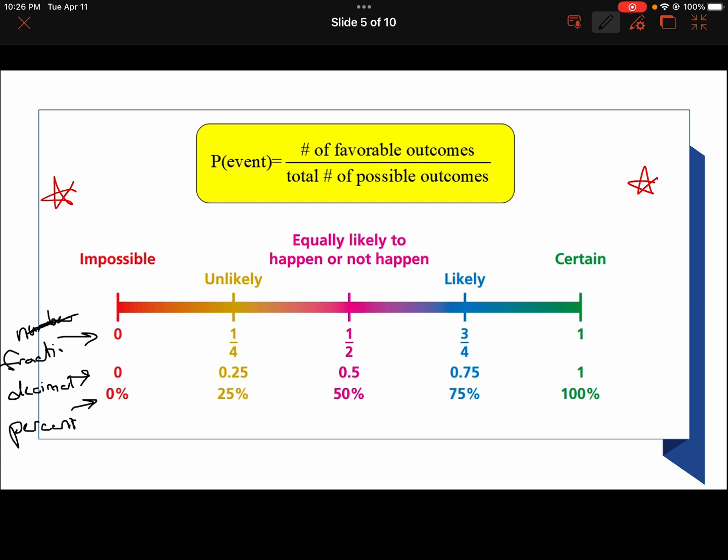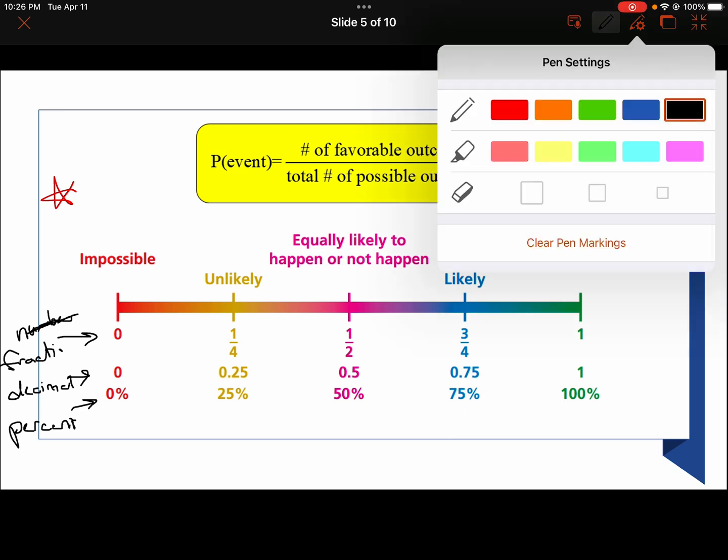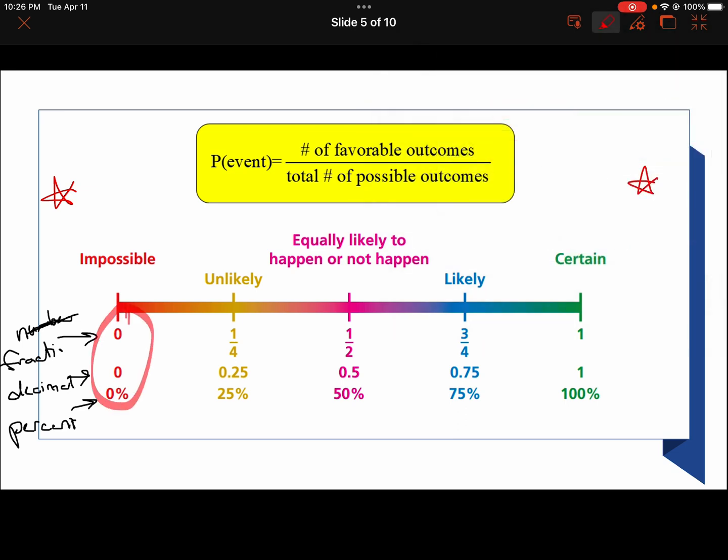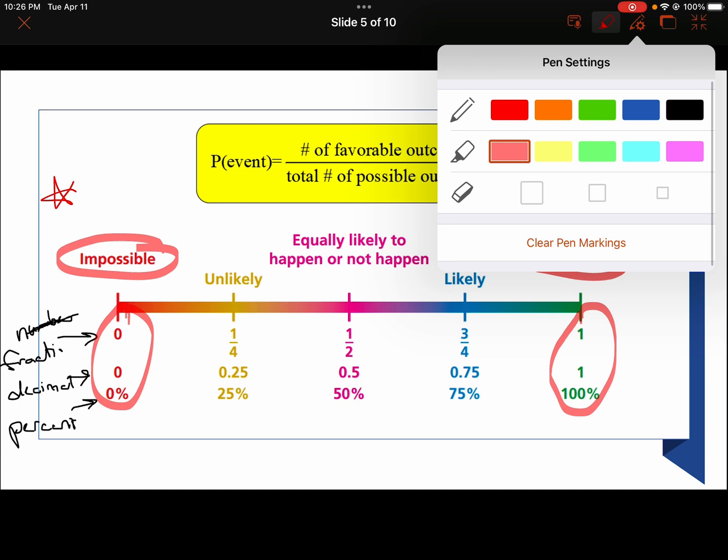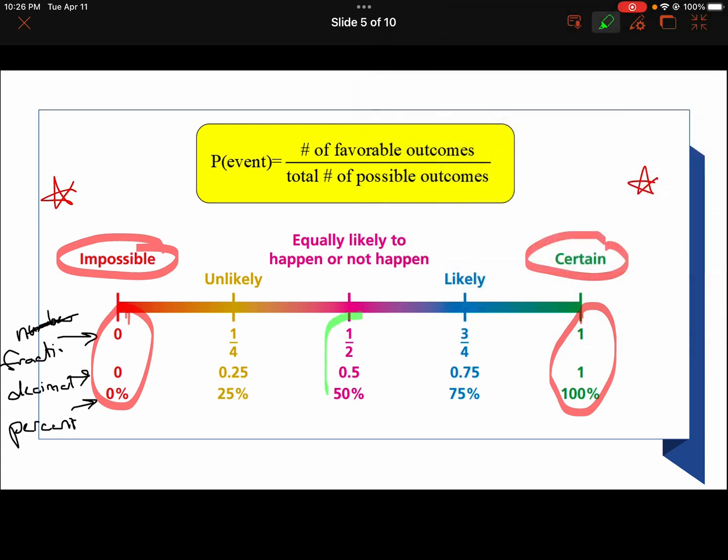So when you hear that something has a 0 probability, that means it is impossible. It's never going to happen. On the other hand, when you have a probability of 1 whole or 100%, then it is certain it's going to happen. If we head towards the middle and we are at 1/2 or 0.5 or 50%, then it is equally likely that it's going to happen.